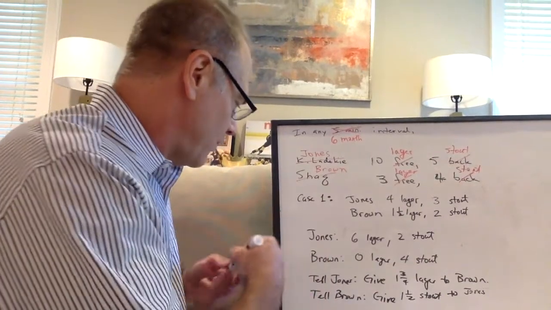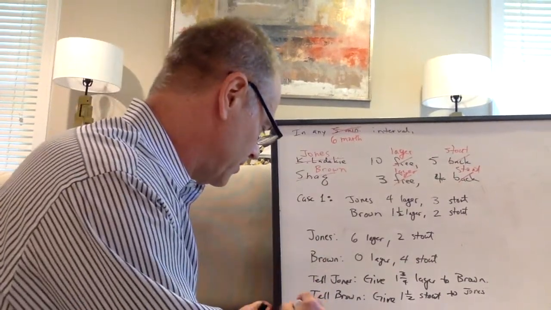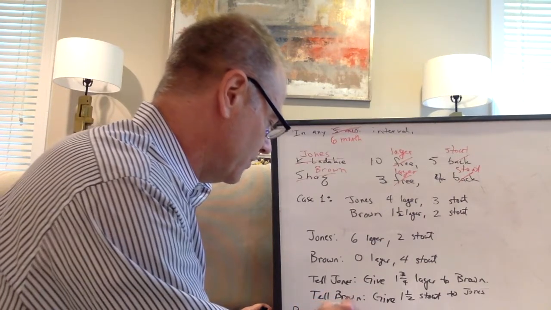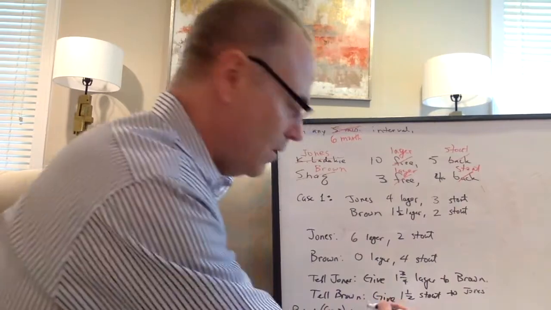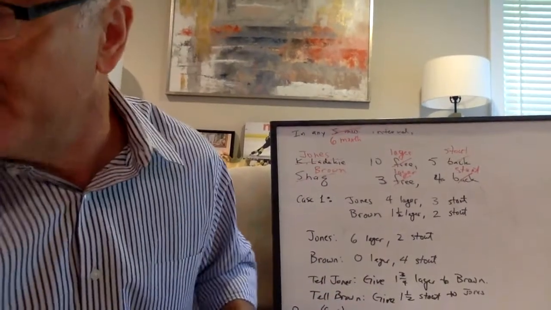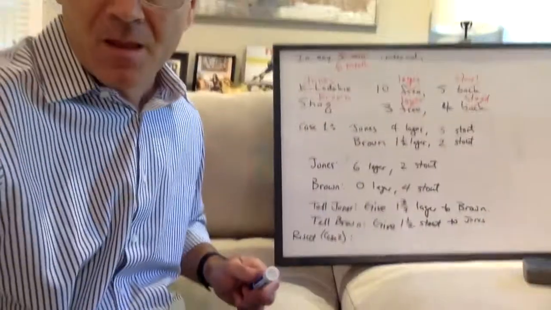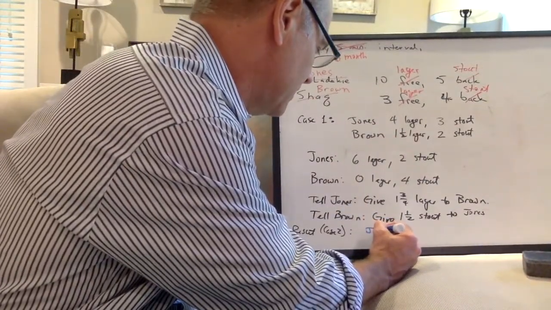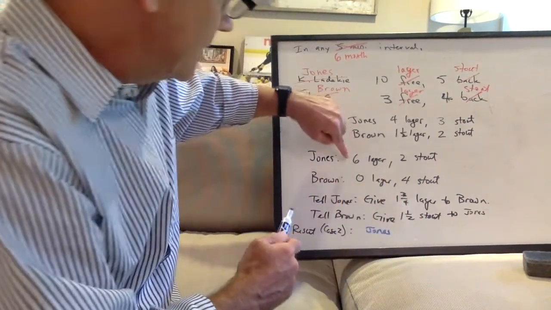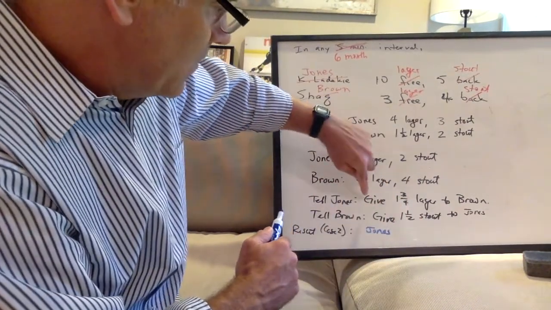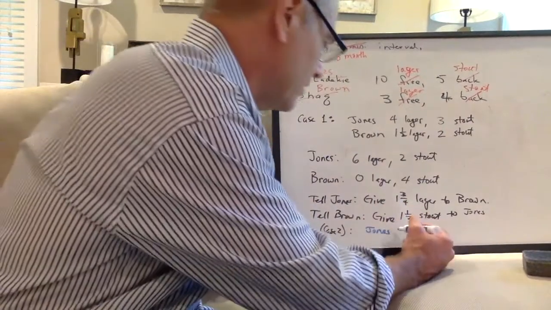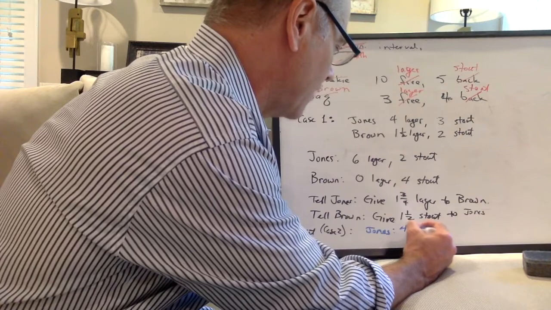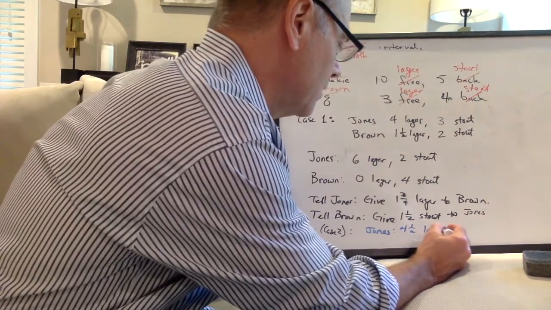You will end up with the result, call it case 2. Put that in blue. The result will be now Jones produced 6, but he gave 1 3/4 to Brown, so Jones will have 4 1/4 lager.